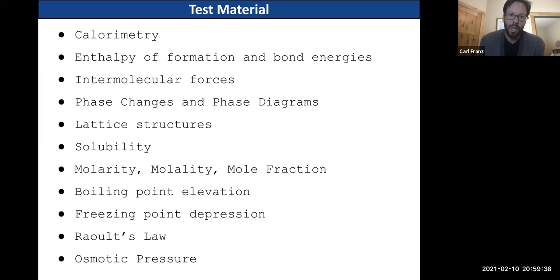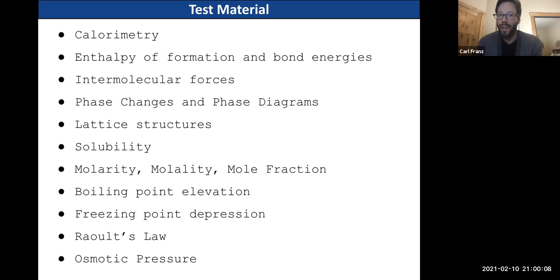We certainly went into intermolecular forces. Be aware of the different types, right? We have hydrogen bonding, London dispersion, ion dipole, dipole-dipole. You'll need to know those, and which ones are the stronger interactions, which ones are the weaker interactions, and how that confers different properties, such as I mentioned, boiling point.